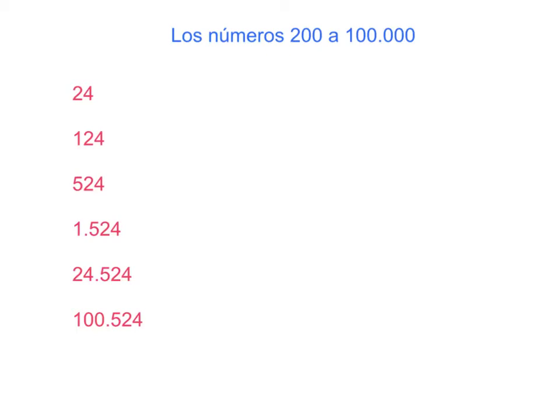Here's our first set. So let's take a look at our first number, 24. With the number 24, we already know that we have three separate words here being put together into one word. We have 20, and then we have the E here, which is our and, connecting 20 and 4, all together in one word.